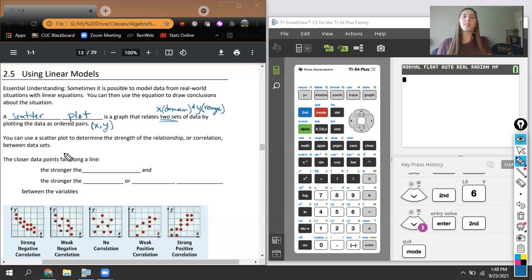But you can use a scatter plot to determine the strength of the relationship or correlation between the data sets. So sometimes your data matches up really well together and you can see that there's a pattern, but sometimes there is no pattern.